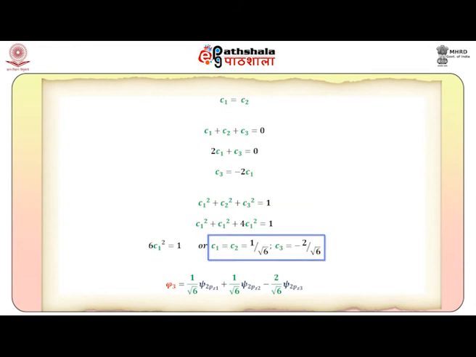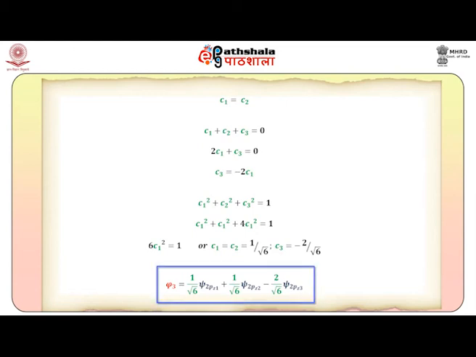Whereas the corresponding value of C3 is minus 2 upon under root 6. Now using these values of the three coefficients, one can write the molecular orbital Phi3 as Phi3 equals 1 upon under root 6 psi 2pz1 plus 1 upon under root 6 psi 2pz2 minus 2 upon under root 6 psi 2pz3.